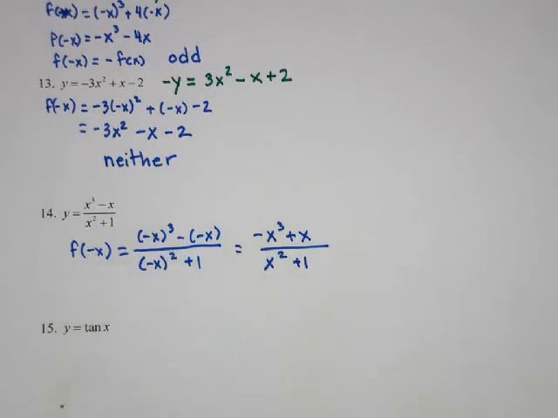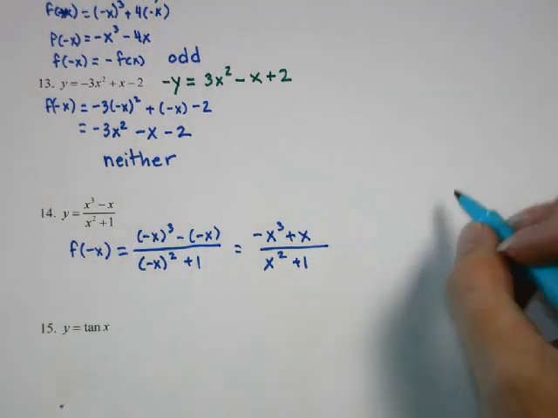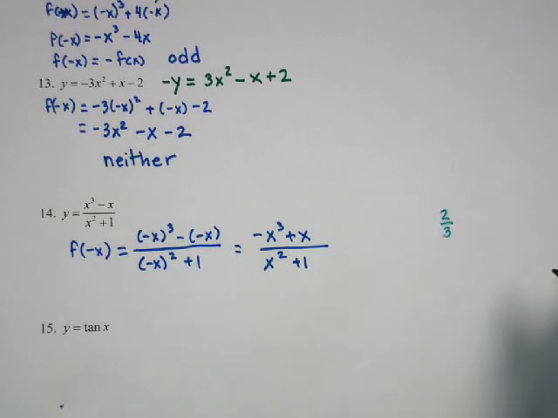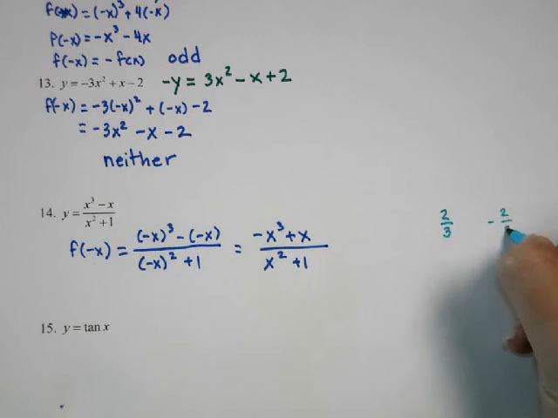Okay, so I want you to think about a fraction. If I had 2/3, the opposite of this would be negative 2/3, right? Well, to arrive at this, we can make this a negative 2/3, which would be opposite to this, or it could be 2/3.